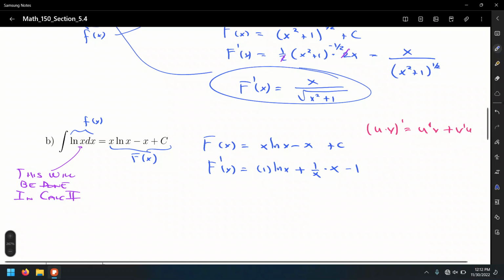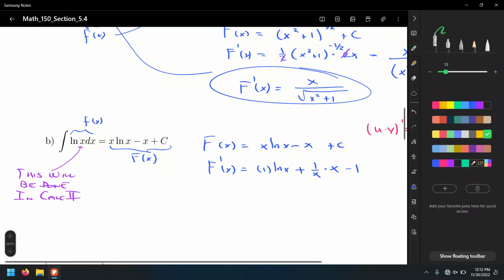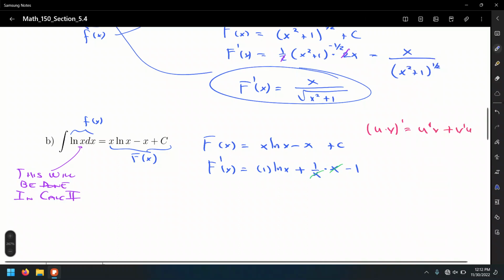So we don't need to write anything. Let's simplify this and clean this up. We can divide out these two x's. That's going to leave us with big F prime, which is 1 times ln x, that's ln of x, plus 1 minus 1. Cancel these ones. Big F prime of x equals ln of x. All right?